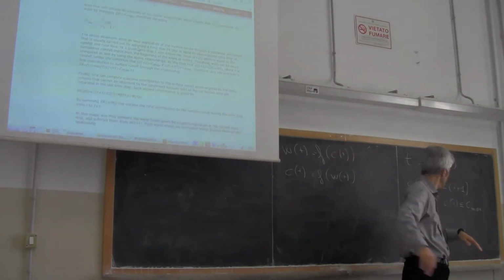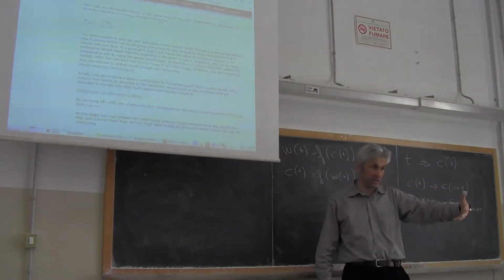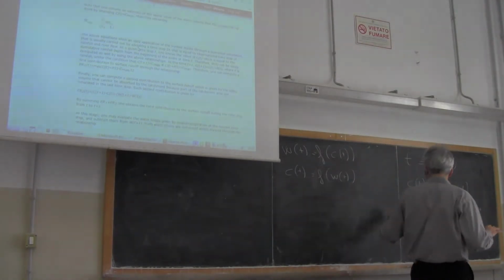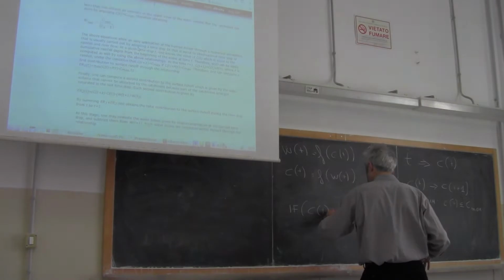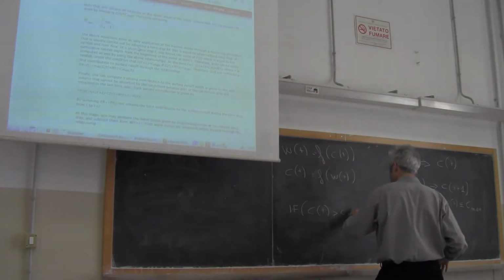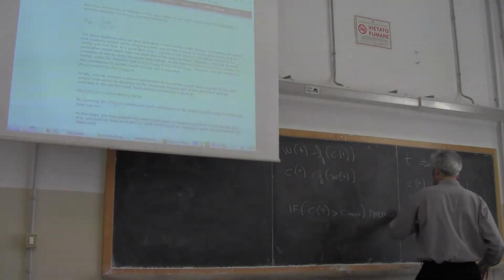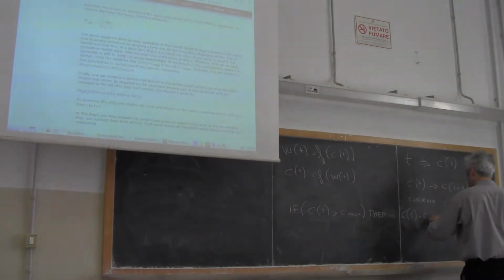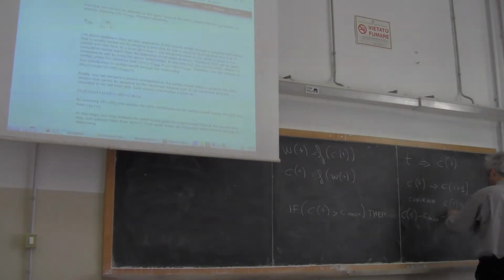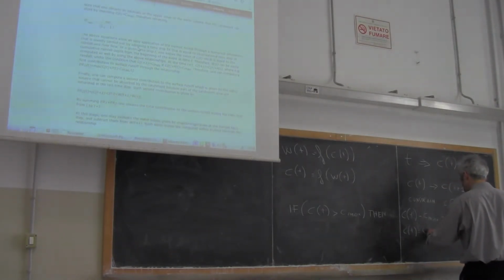This is what is written there. If I realize that Ct becomes higher than Cmax, then I need to write a condition. If Ct is higher than Cmax, then Ct minus Cmax goes to runoff, and Ct is equal to Cmax.